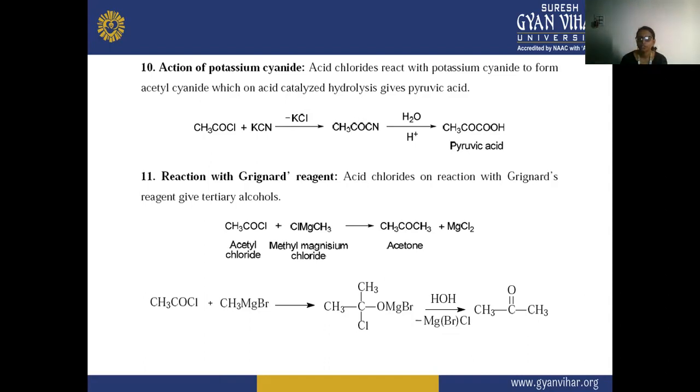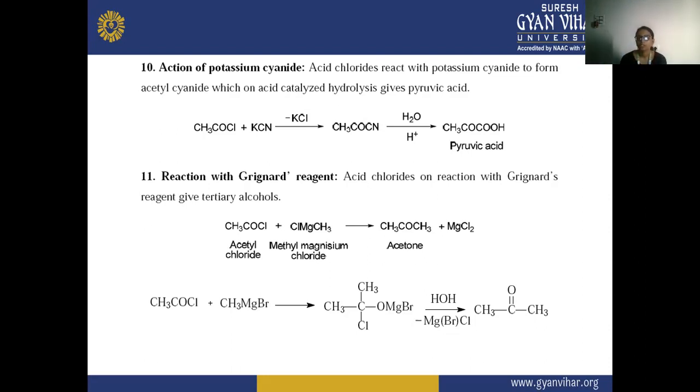There is the acetyl chloride, and this acetyl chloride is reacting with the Grignard reagent, which is your alkyl magnesium chloride, that is your methyl magnesium chloride, and there is a formation of acetone plus magnesium chloride.